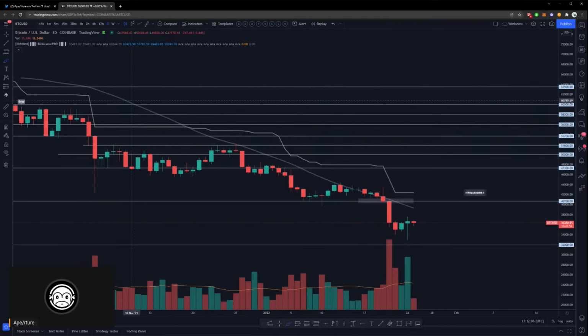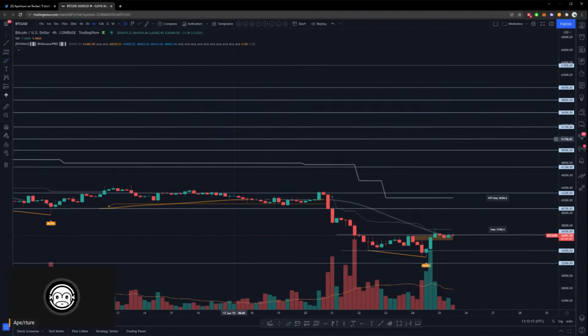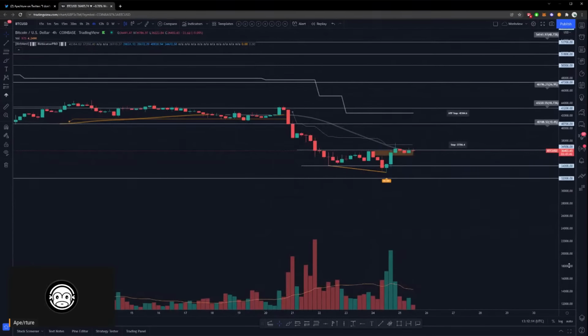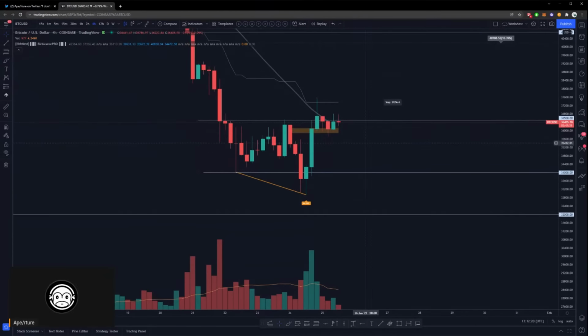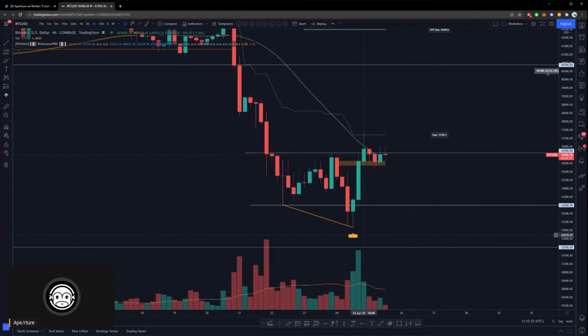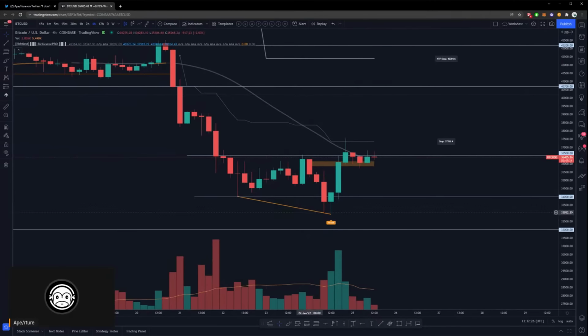But let's zoom in. I think currently we might see some early indications of a reversal. We saw yesterday that Bitcoin printed this divergence over here, as indicated by the Bear Indicator Pro, which uses multiple indicators for that divergence.